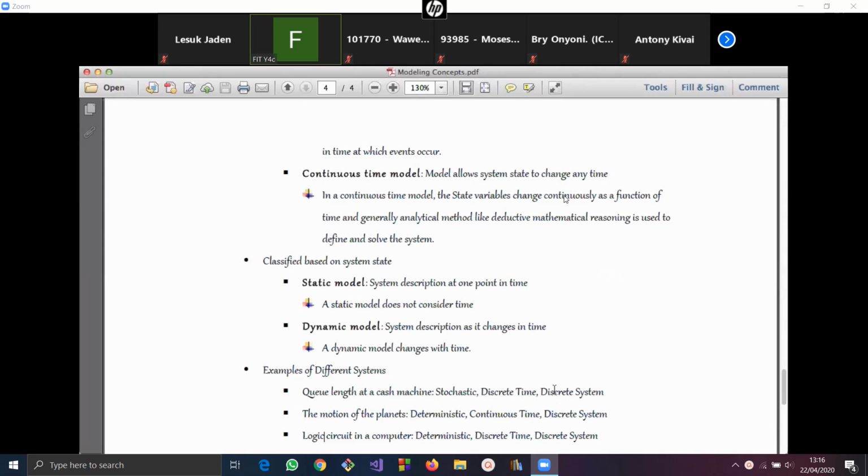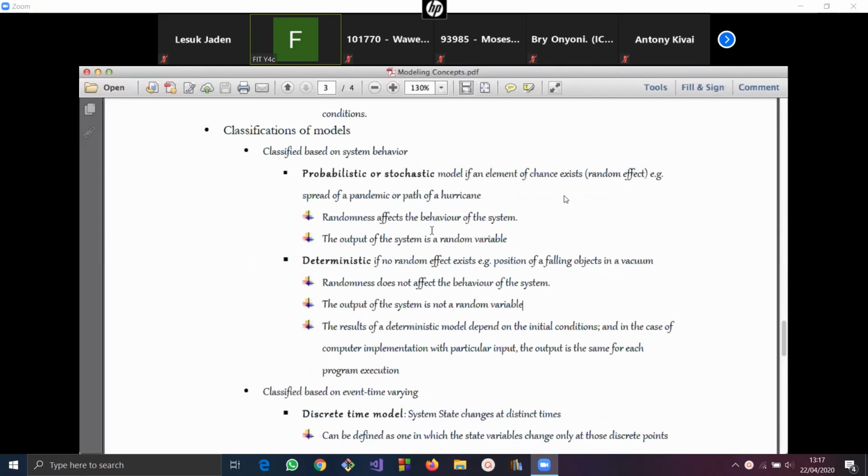Now I see where you are coming from. I remember when I started my explanation here, to give a recap, models are really classified into 2: probabilistic and deterministic.